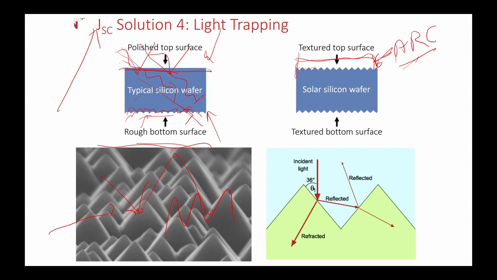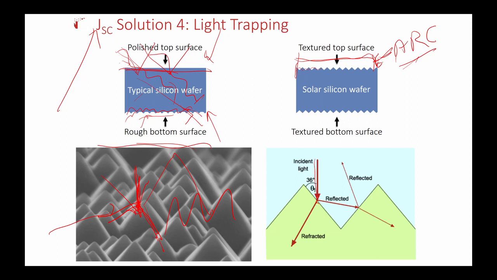And there are other reasons why surface texturing is done. If the light is coming in this direction, it will get reflected in this direction, and some of the light will get absorbed, transmitted through this, and absorbed deep down in the silicon wafer. So with too many reflections, it will get absorbed more.